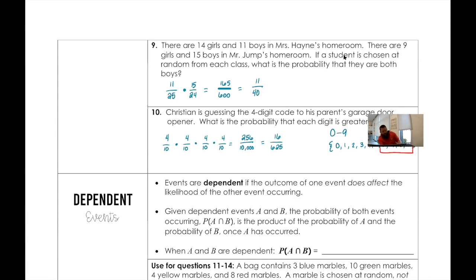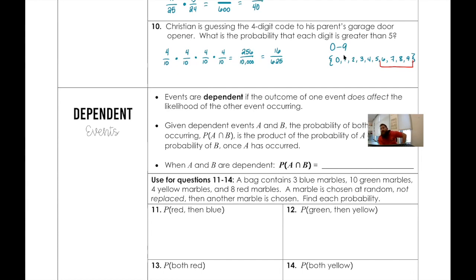However, when we get into dependent events, the outcome of one will affect the likelihood of the next. So you've got probability of both, and then the probability of the second after our first event occurs. So A and B are dependent now.